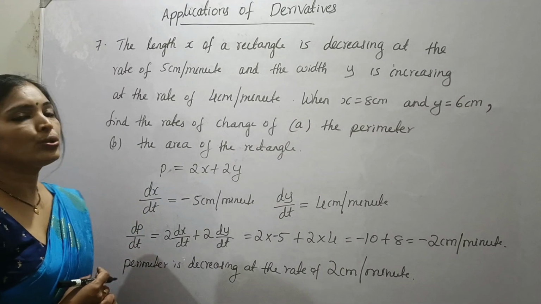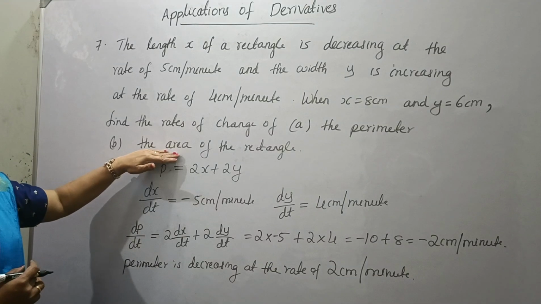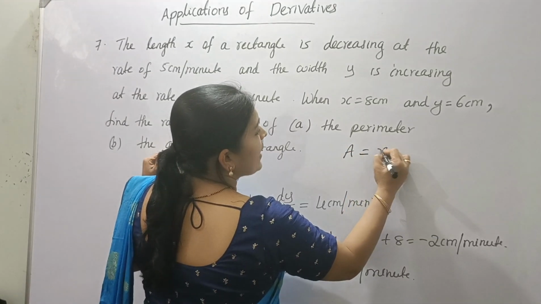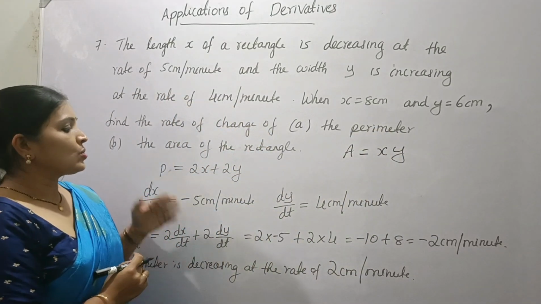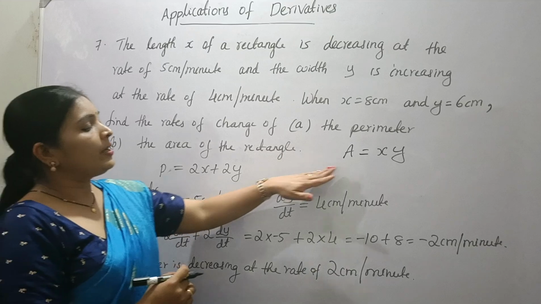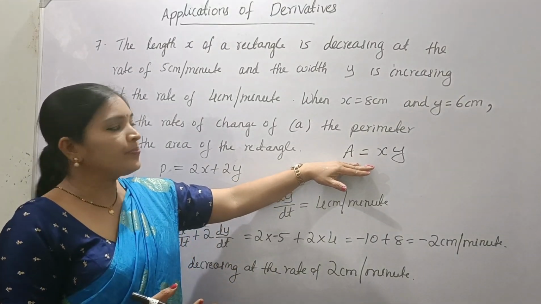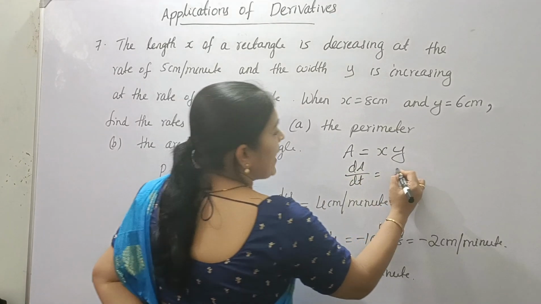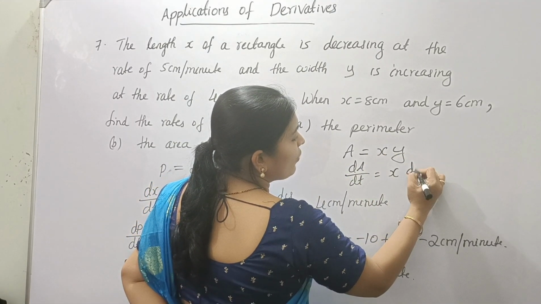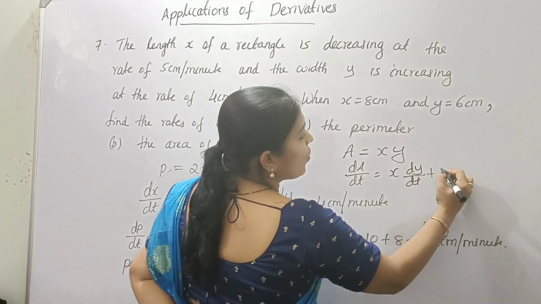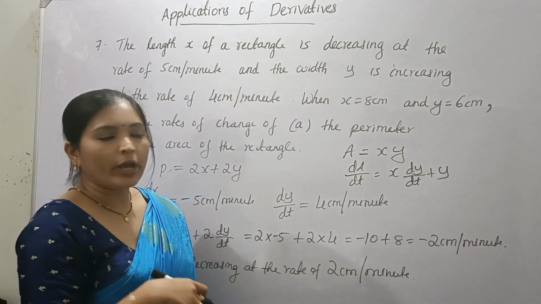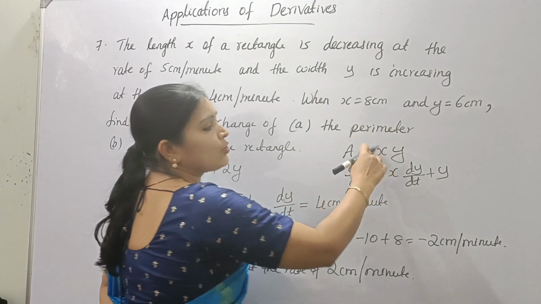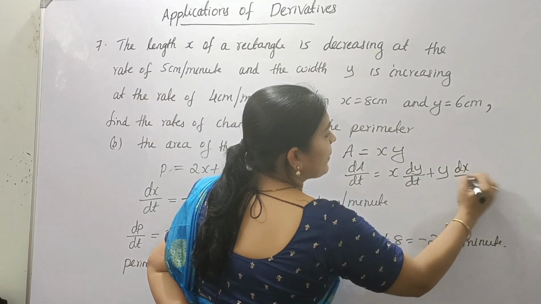First of all, we have to write the formula. Area of the rectangle A is equal to x into y. Differentiate, we have to find dA by dt. dA by dt is equal to x into dy by dt plus, applying the product rule, derivative of first function into second function plus second function into derivative of first function, y into dx by dt.